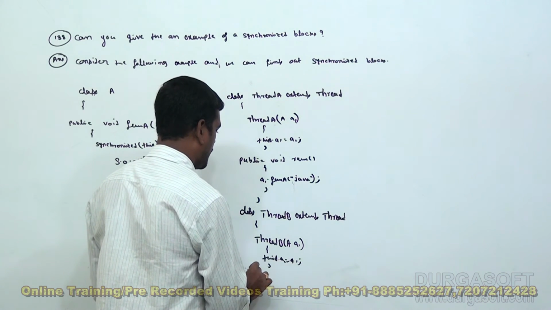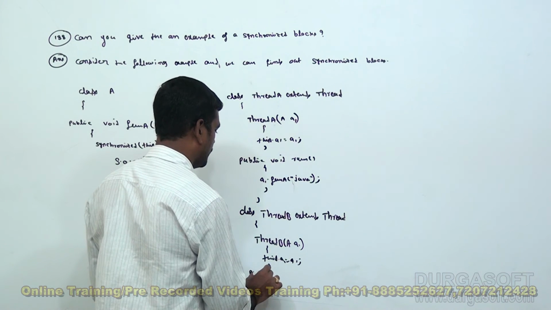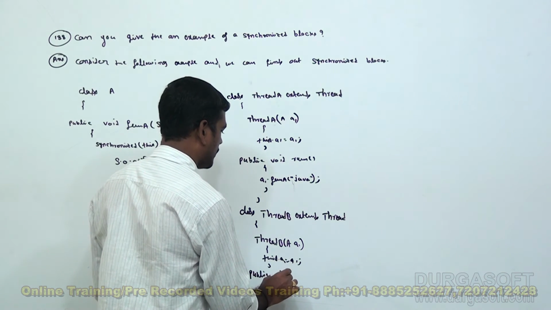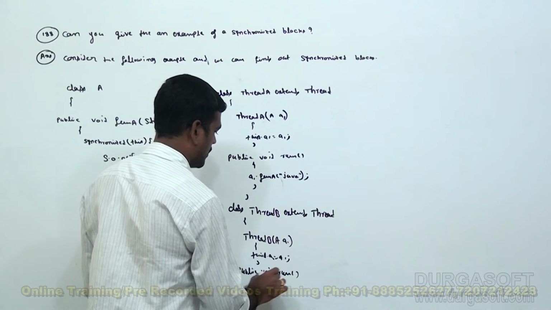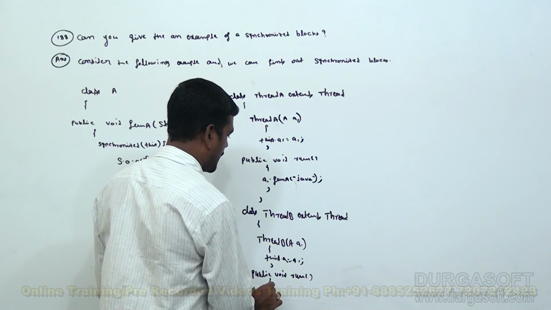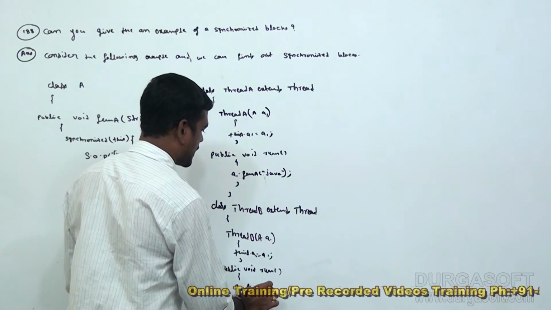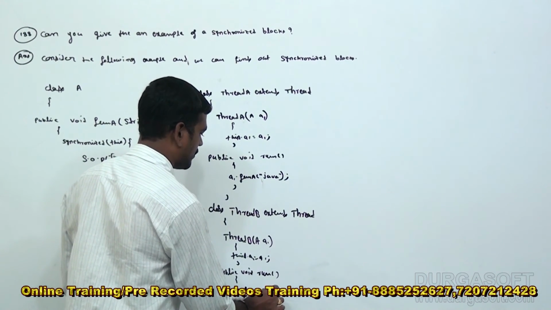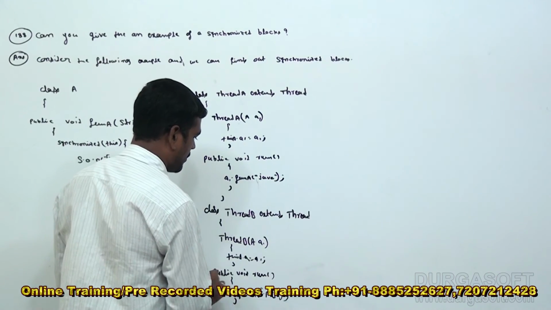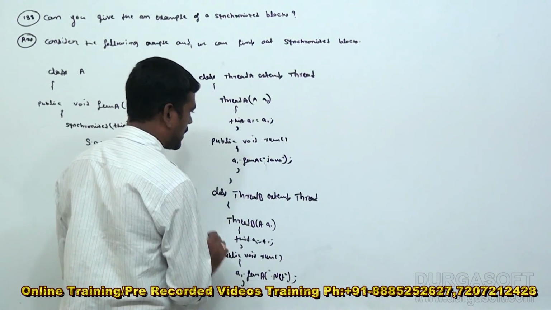The next, public void run. The next here, a1.function A, I am going to pass here dotnet. Close the method, close the class.